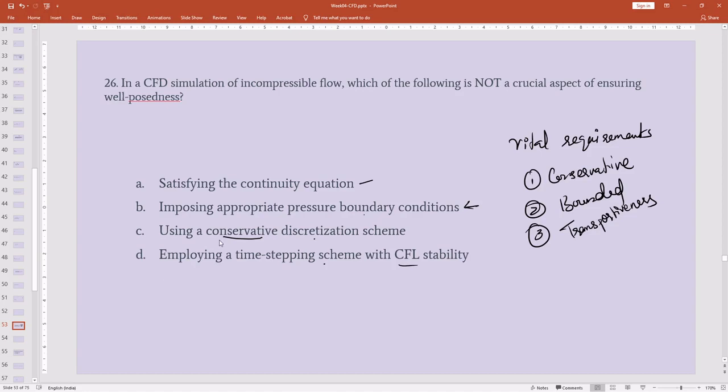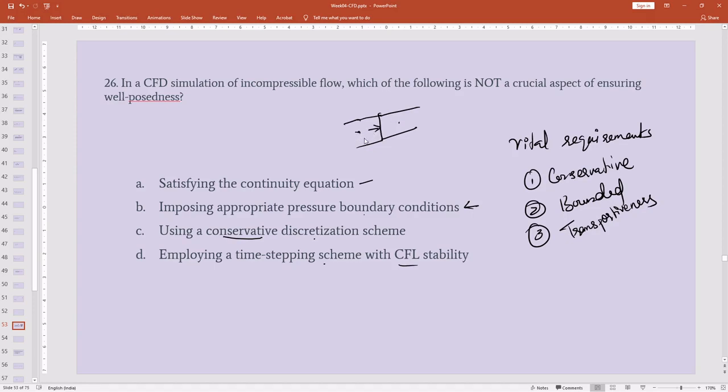So a conservative discretization scheme means that the flux should be conserved. Let's assume these are two discretized control volumes, joined very tightly together.